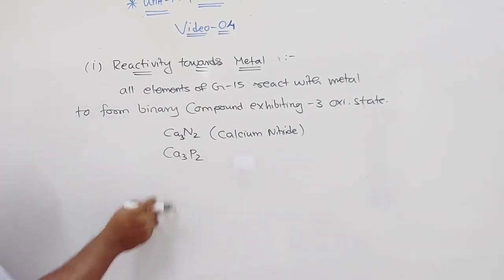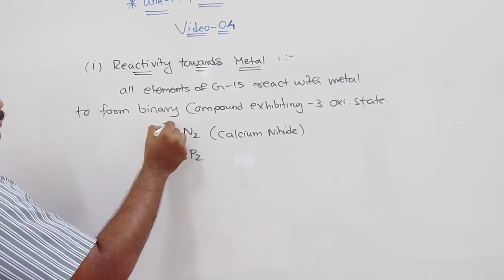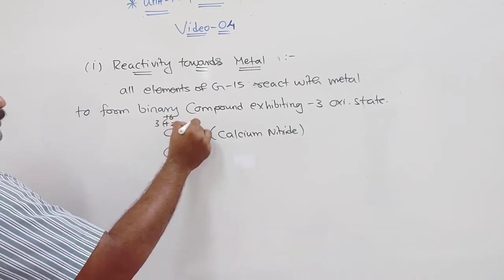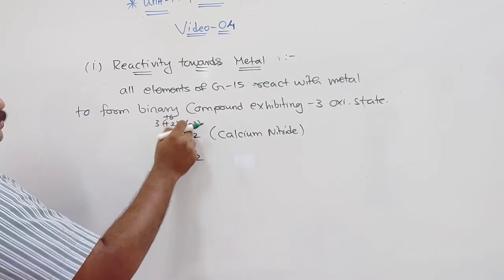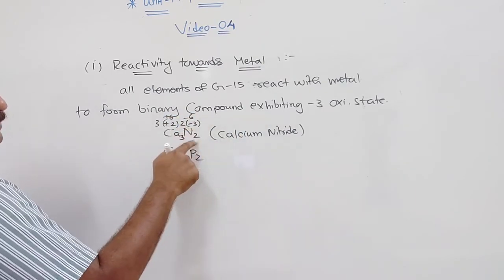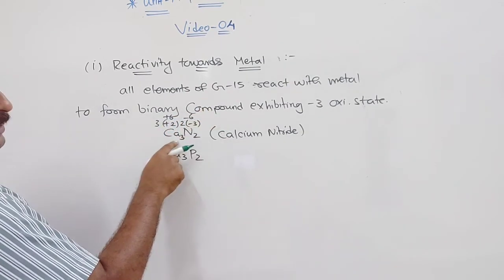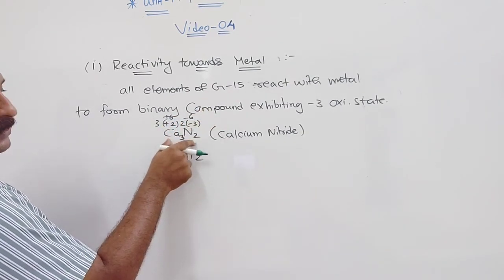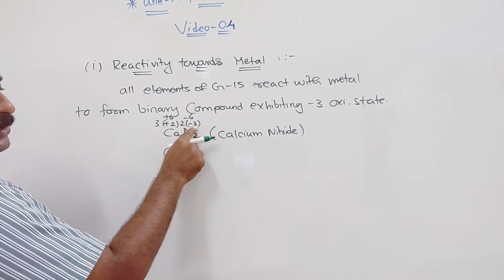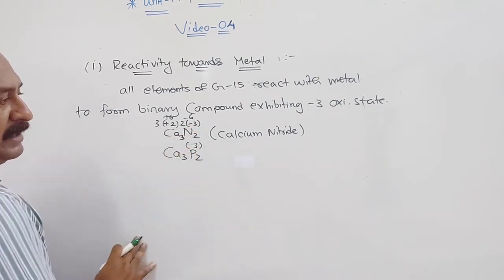In this case calcium is in +2 oxidation state, so +2 into 3 is +6, and nitrogen is -3 into 2, so -6. So you can see it exhibits -3, and binary means two elements are used. In Ca3N2, nitrogen's oxidation state is -3. In the same way for phosphorus it is -3.